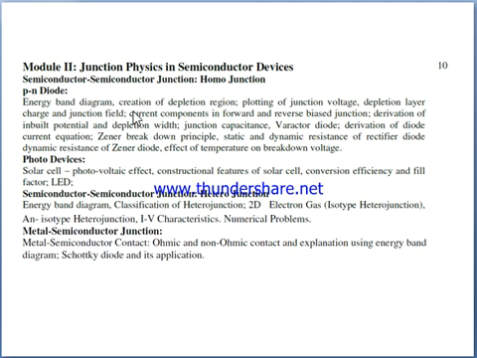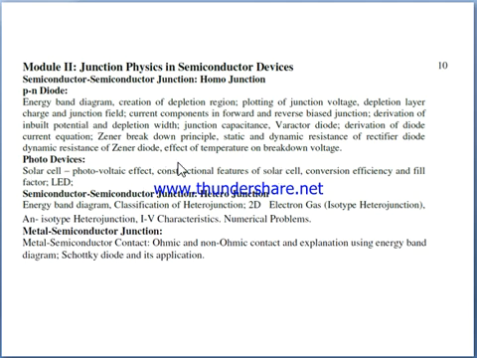What about the energy band diagram, the depletion region, the width, the capacitance, and if the junction is forward biased and reverse biased, what are the current components, and derivation of the built-in potential barrier, depletion width, junction capacitance, varactor diode.